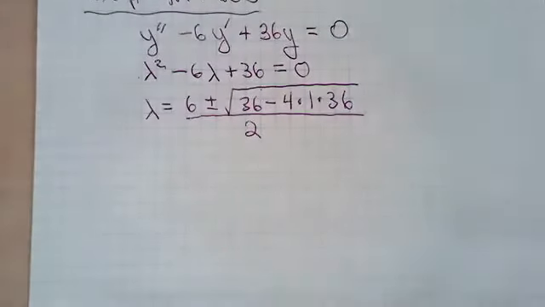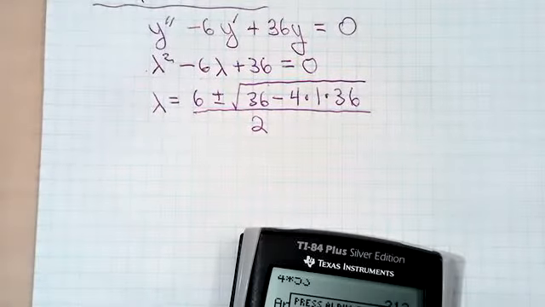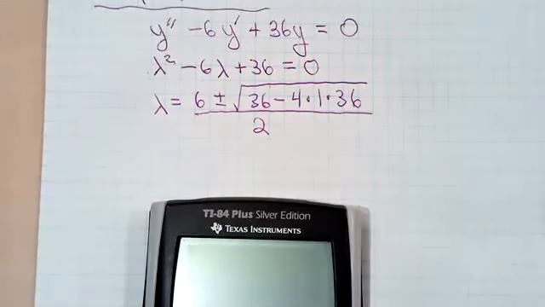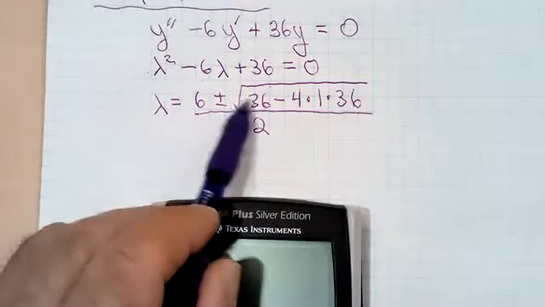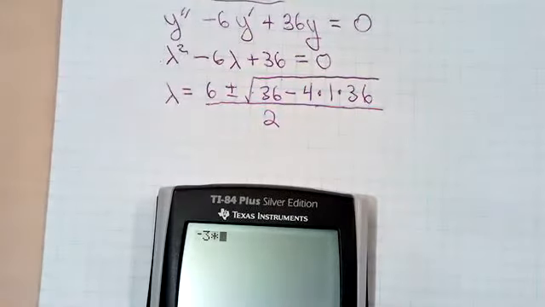And this is actually probably worthy of a calculator. Huh? Well, 1 times 36 minus 4 times 36 is negative 3 times 36, 108. That doesn't look familiar.